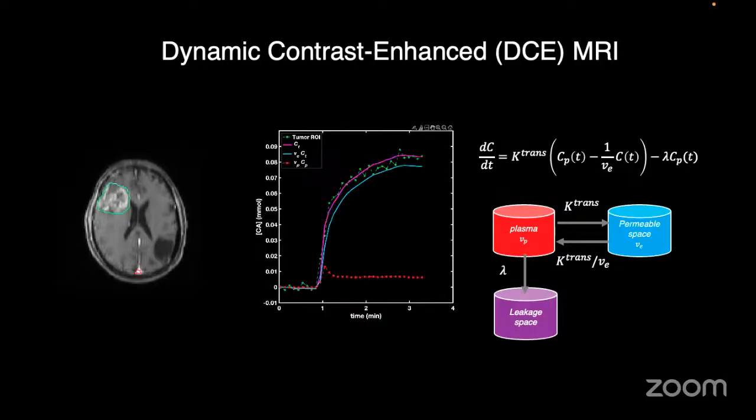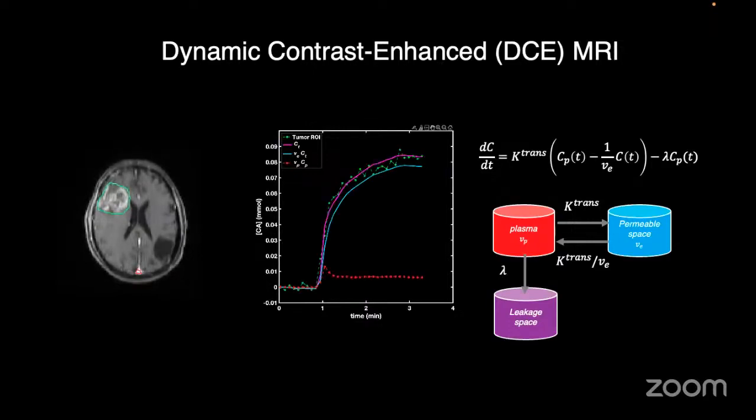And then the graph is showing you how that concentration accumulates over time in this green region of interest where you see it go from dark to increasingly bright. And this is a scan that's routinely collected, okay? So especially in solid tumors, mostly in brain, this is the kind of scan that can be done anywhere there's an MRI. There's nothing really special about it, nothing really fancy about it.